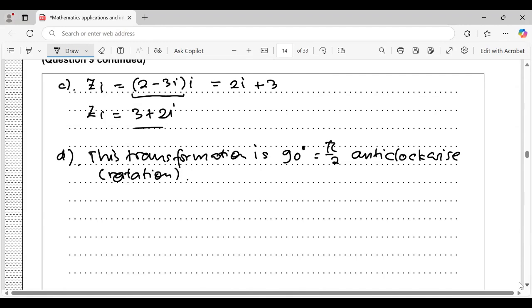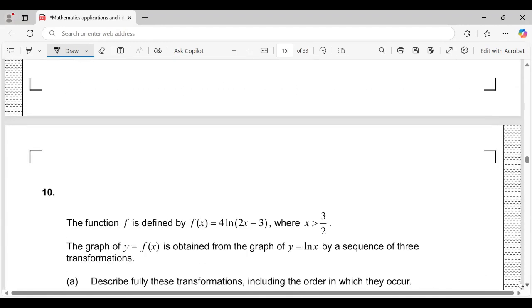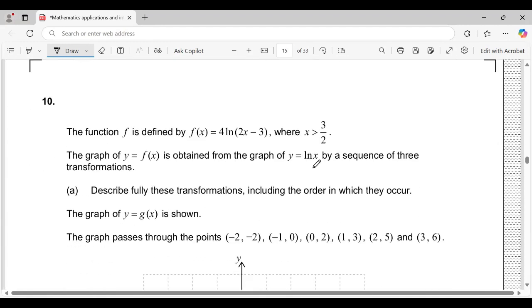Next question, number 10. The function is defined by f(x) equals 4 ln(2x minus 3), where x is greater than 3 half. The graph of y equals f(x) is obtained from the graph of y equals ln x by a sequence of 3 transformations.